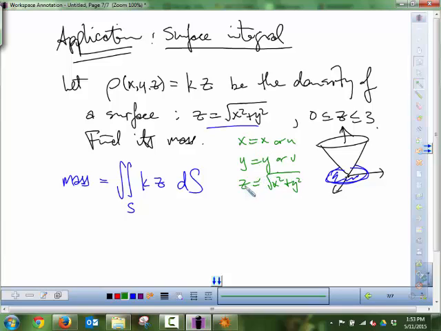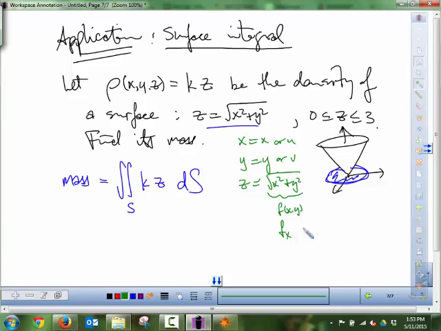So I would need the derivatives of these things. Actually, if it's a graph parameterization, we already know the ds, right? ds is equal to the square root of, well, I still need to find those. This is my surface, f of xy.